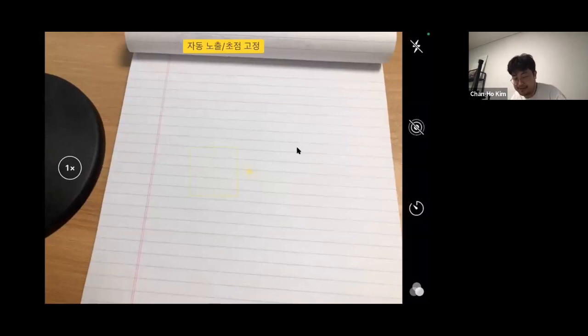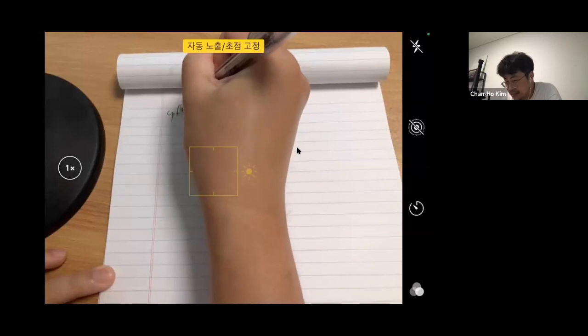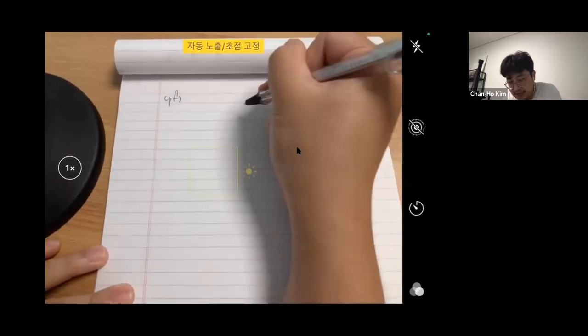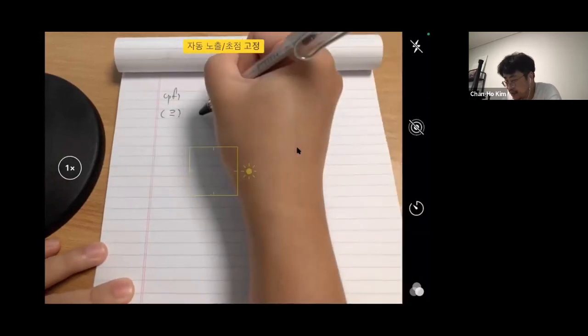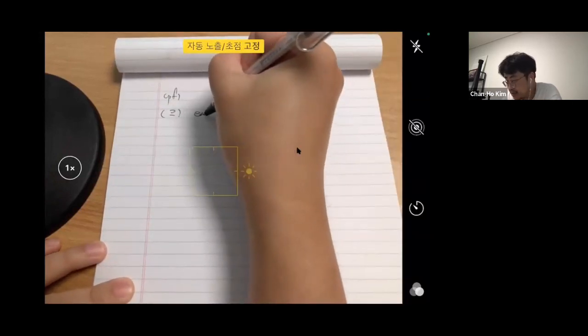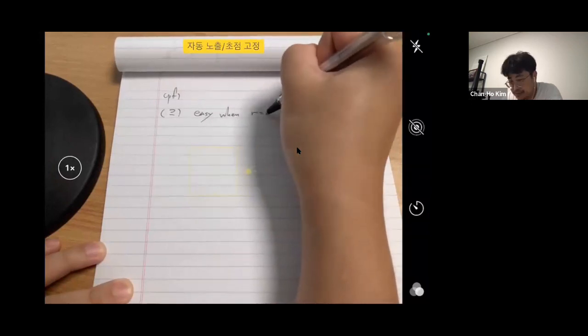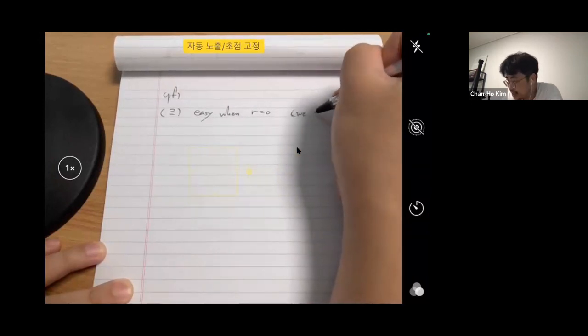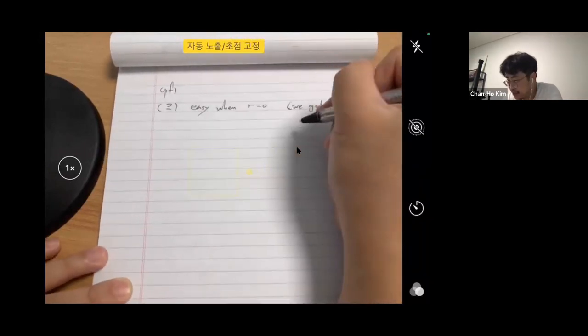And n transverse is really important in this process. First, in this inclusion, it is easy when r is 0, and even we get equality here. Then consider the following map.